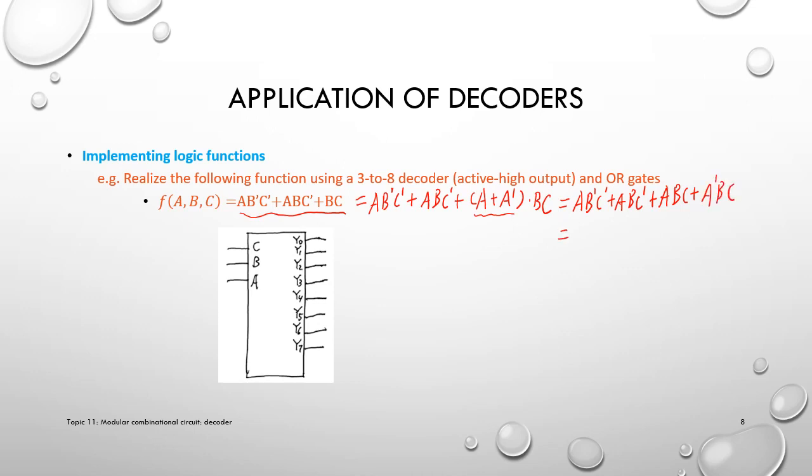Actually, we can even write this in the minterm list form: this is 100, which is 4, 110 is 6, 111 is 7, and 011 is 3. So we got 3, 4, 6, 7 here.